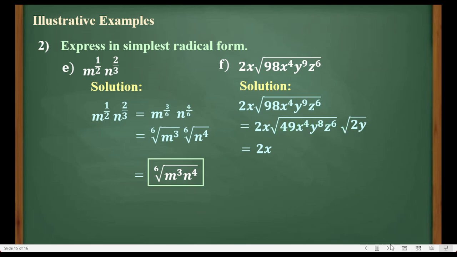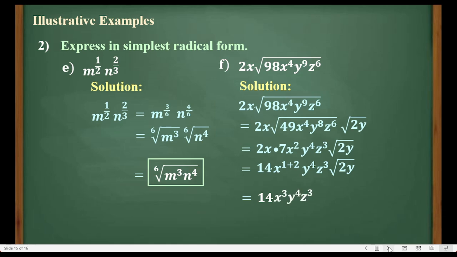So this will become what? Of course, it follows by 2x. We just copy this coefficient, then followed by 7x squared, y to the fourth, z cubed, times the square root of 2y. And 7 times 2 is 14, x times x squared is x cubed. So finally, the answer is 14x cubed, y to the fourth, z cubed, square root of 2y, which is the final answer.